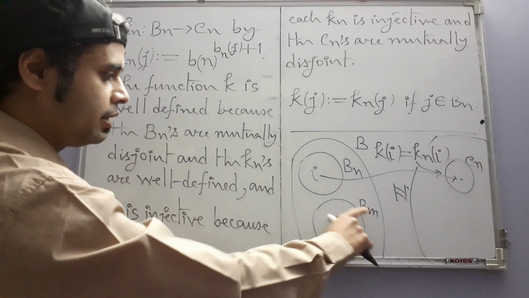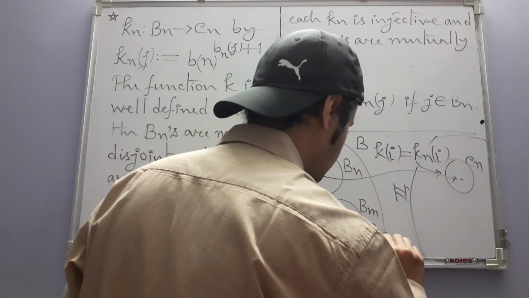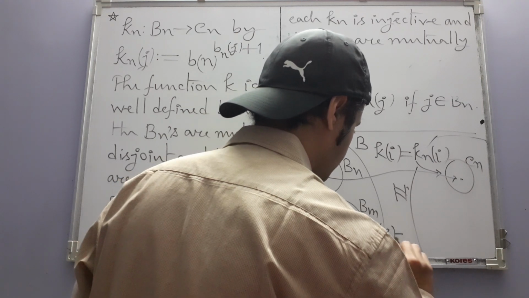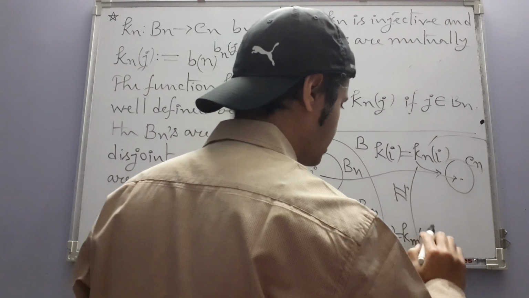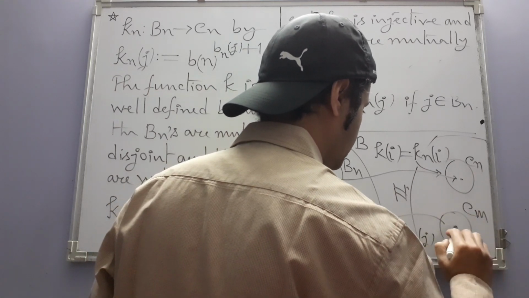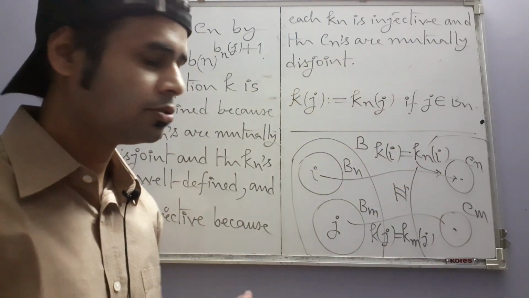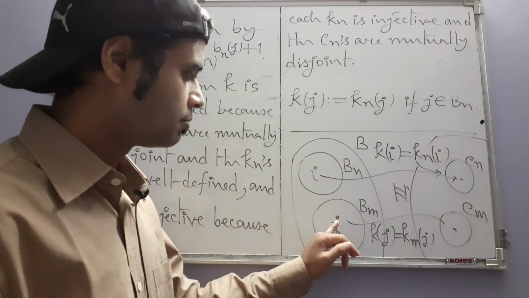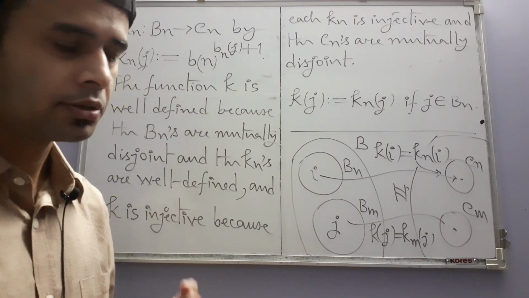Similarly, because j is coming from Bm, by definition K of j is Km of j. So this thing will lie inside Cm. And because the Cn's are mutually disjoint, the outputs must be distinct.